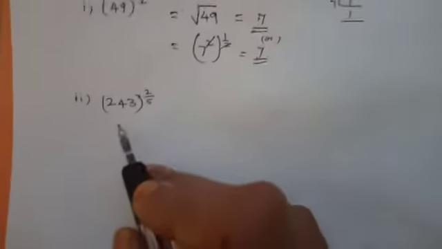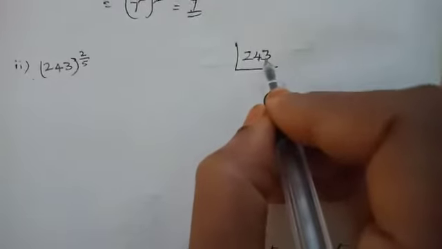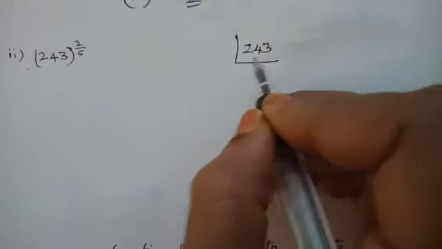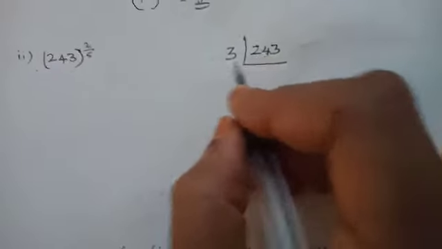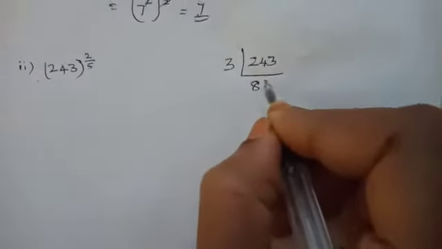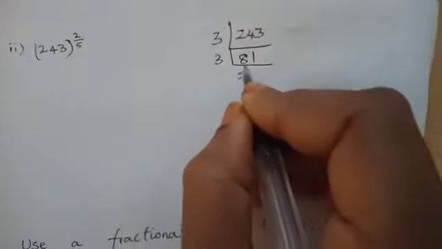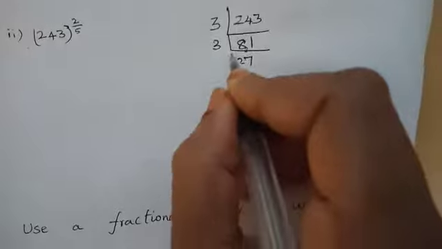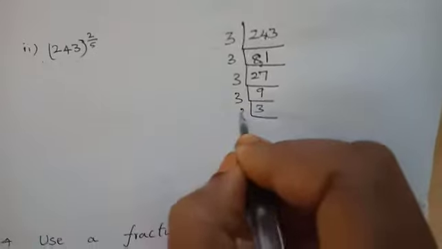So the answer is 7, or you can write it either way. Okay, next, second question, 243 to the power 2 by 5. For 243 we take factors. This is an odd number, so 2 plus 4 is 6, 6 plus 3 is 9, the sum of the digits is 9, so it is a multiple of 3. So we take factors for 3: 3 8s are 24, 3 1s are 3. Again for 81, 3 2s are 6, remainder 1, 21, 3 7s are 21. 3 9s are 27, 3 3s are 9, 3 1s are 3.